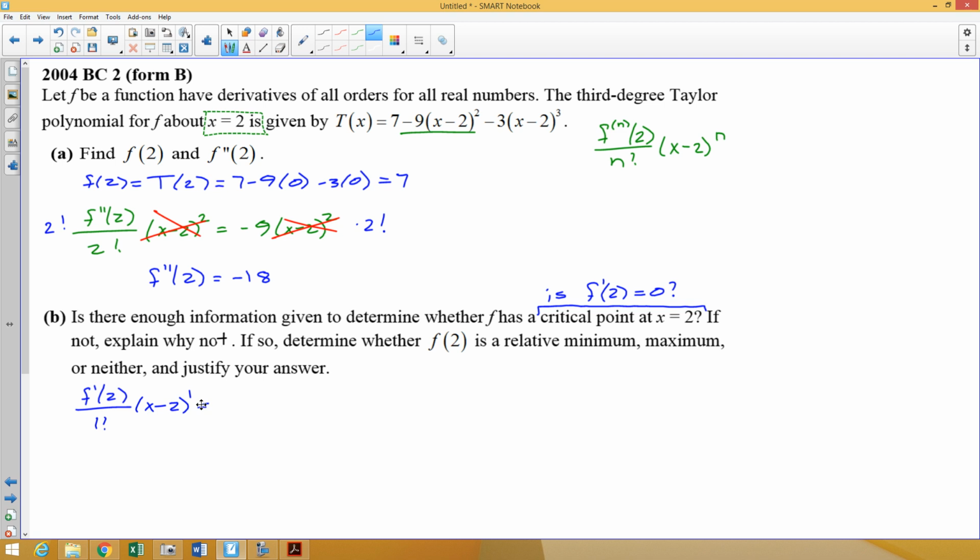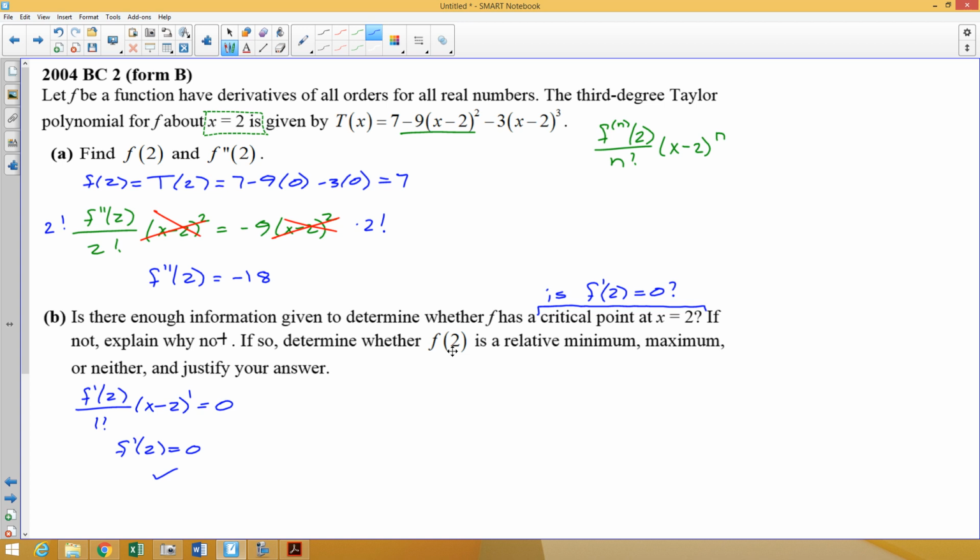That means this thing needs to equal 0 because we skipped that term. The only way for that to happen is for f prime of 2 to equal 0. So that is true. Now that we know that is a critical point, that means this is a candidate for a max or a min.